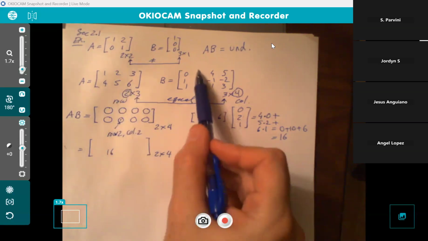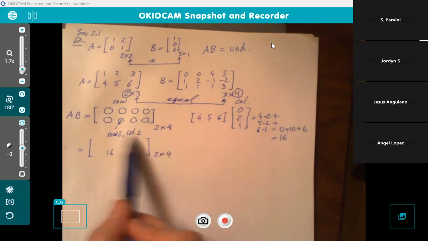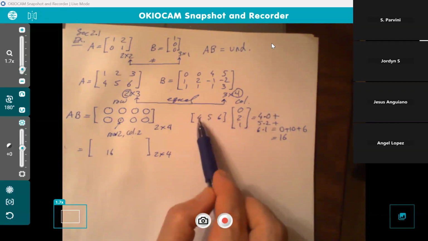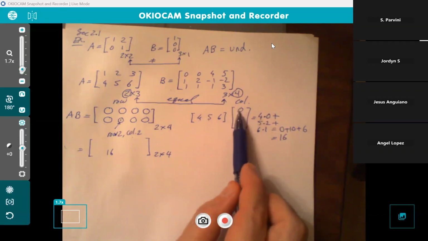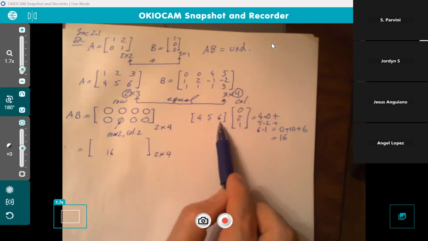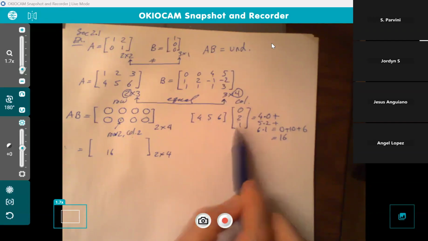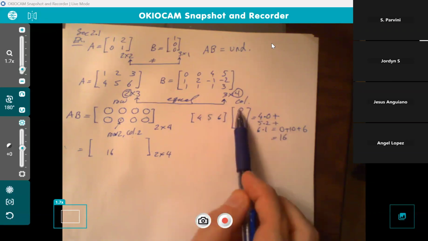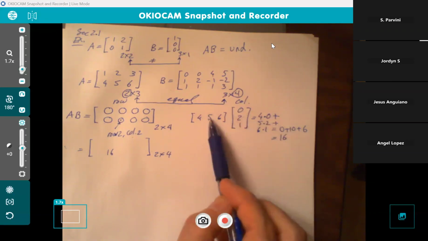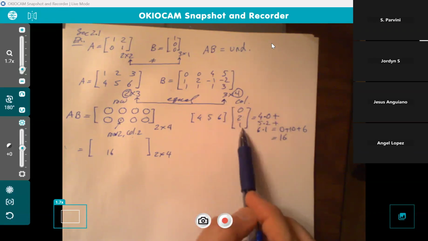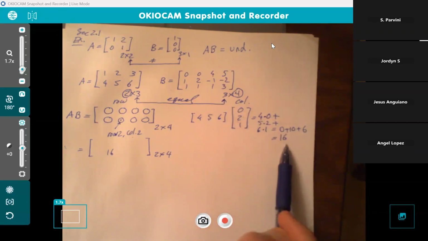Second row, second column, because of this. Now, to multiply, again, you multiply first element by first, second by second, third by third, and then add them up. So 4 times 0 is 0. 5 times 2 is 10. 6 times 1 is 6, so the sum is 16.